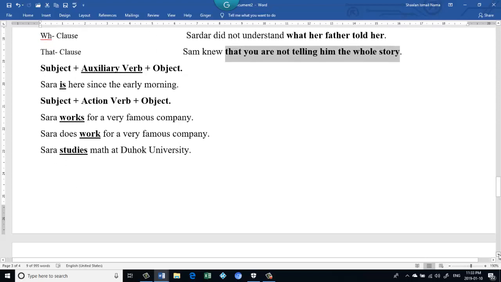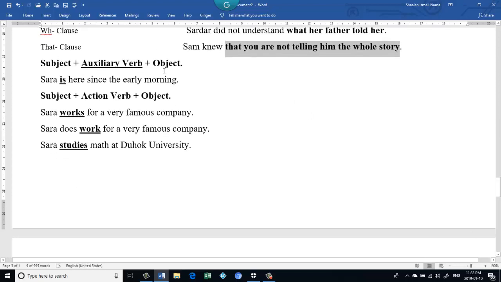Let's see here, we have subject, auxiliary verb, object, simple sentences. Sarah is here since the early morning. Sarah is the subject, is the auxiliary verb, which is acting as the main verb of the sentence.